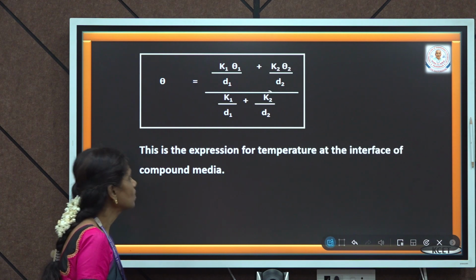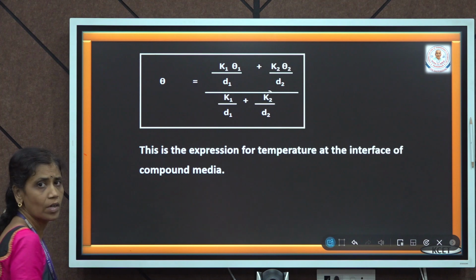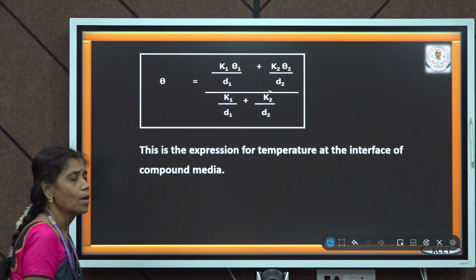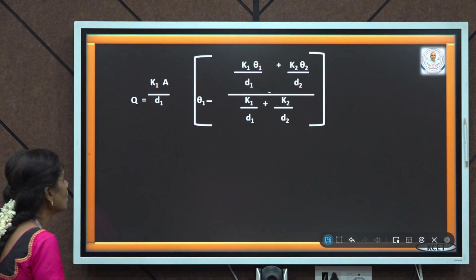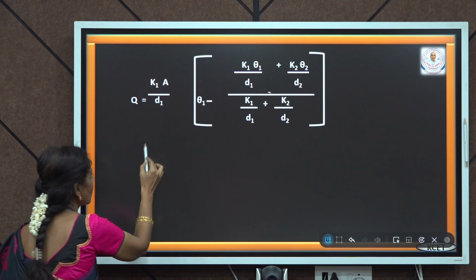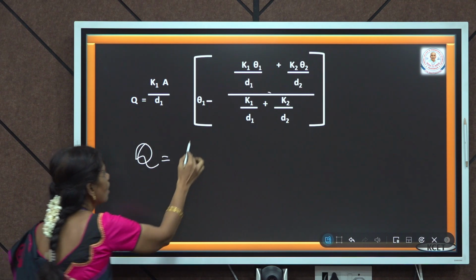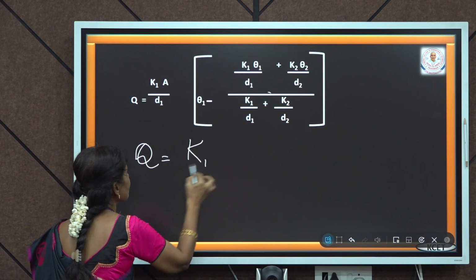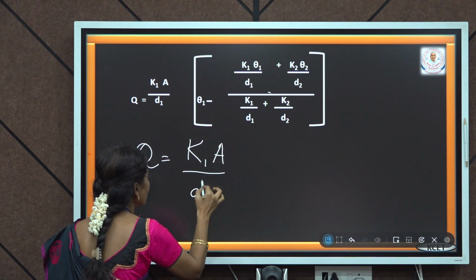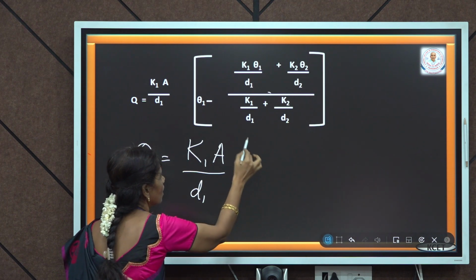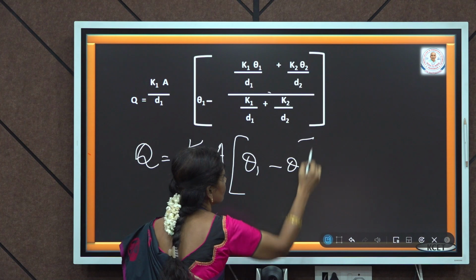Now, we have to substitute the temperature theta value in the quantity of heat conducted by the material P. So, already we know the equation for the quantity of heat conducted by the first material, that is P. It is given by Q is equal to K1A divided by D1, times theta 1 minus theta.